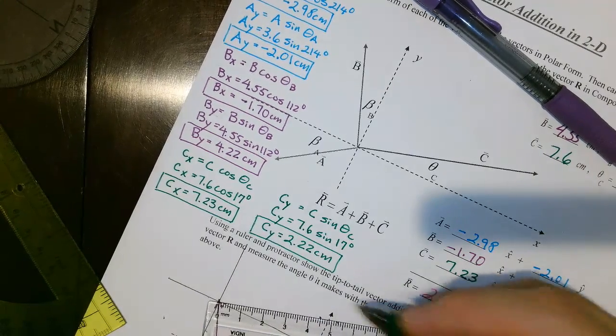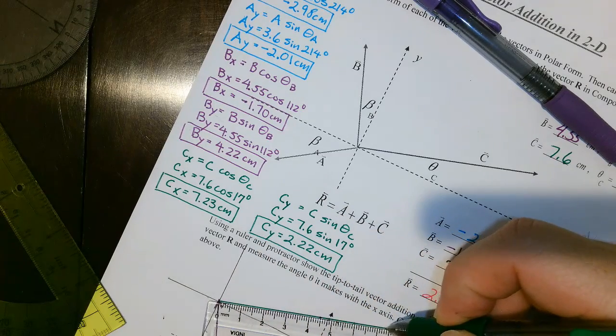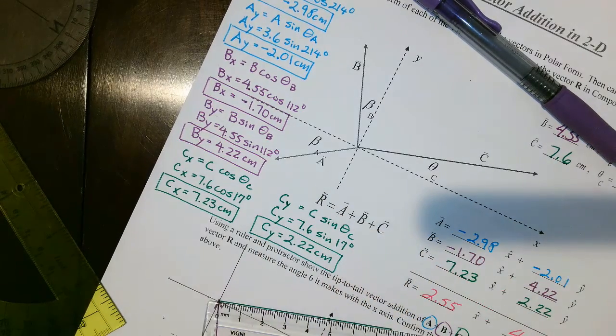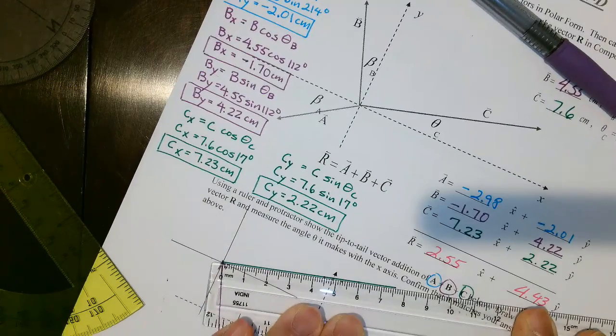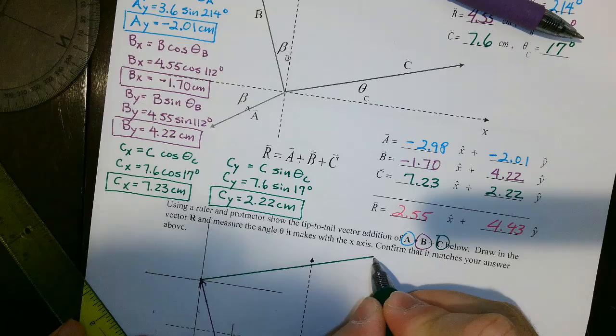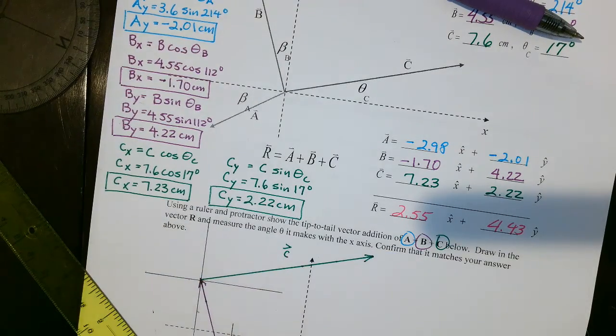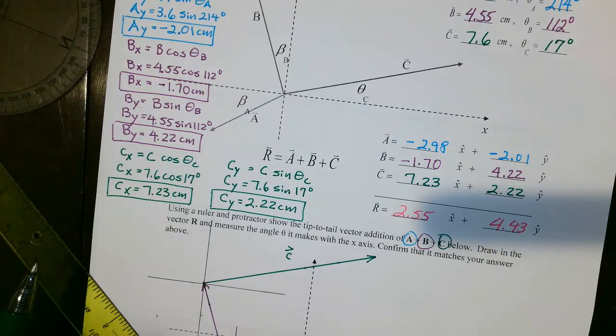That's about 7.6, right? And here is my vector C. This is my vector B.